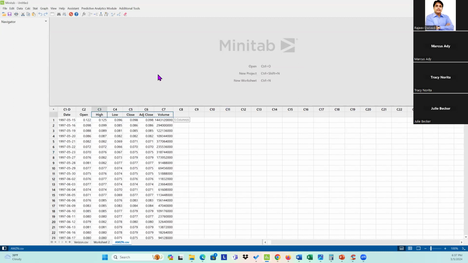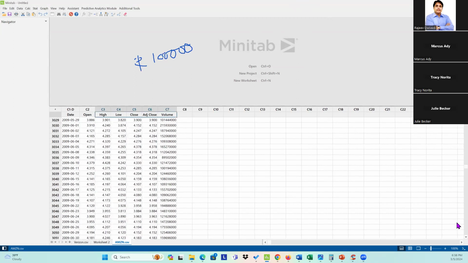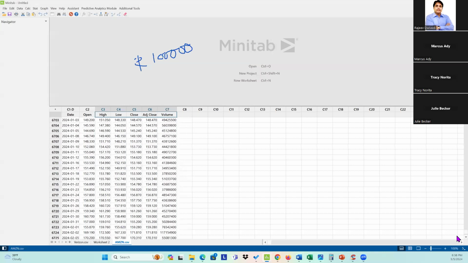So usually, let's say I have $10,000 or $100,000 in my pocket, and I will buy today at the highest price, for example. So what is the last day that I can see in my data? Let's say I buy at the highest price.